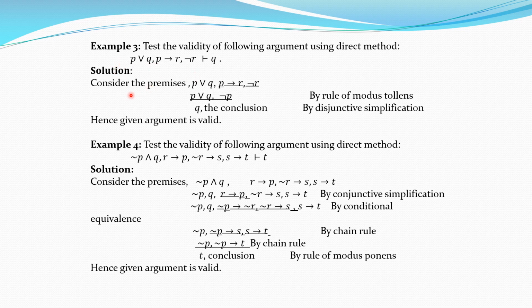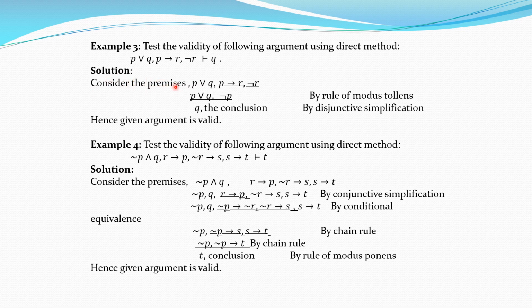So we start with the hypothesis or premises P or Q, P implies R, negation R. Now here I have underlined the premises for which we are applying some rule from the table of rules of inferences. For P or Q, P implies R, there is no rule in the table.